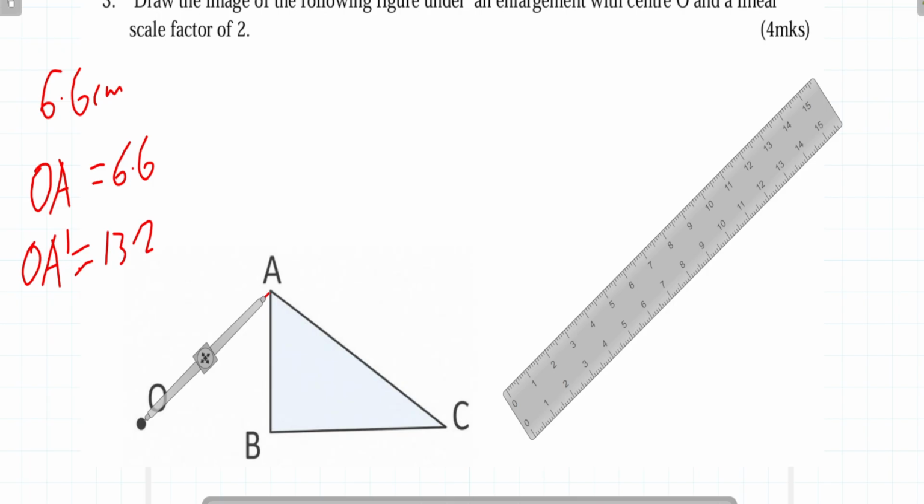So here it will be 13.2. Let's extend now, 13.2 somewhere here.